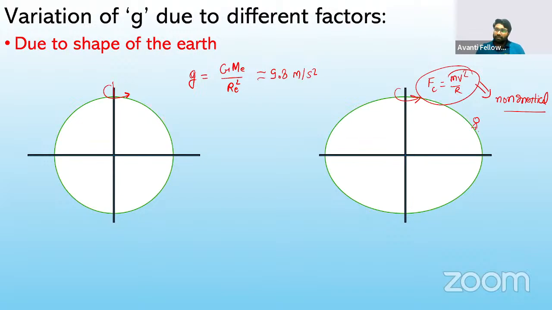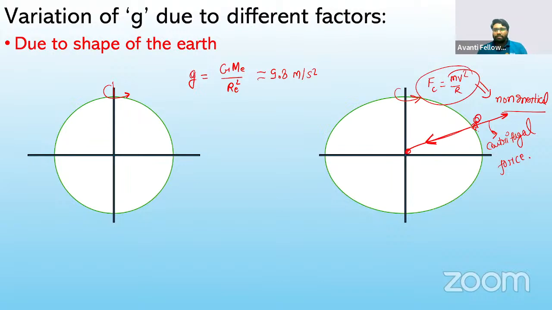So if Newton's laws are not valid, how do we make the calculation? We make Newton's law valid here. How? Just by sitting ourselves in that frame and applying a pseudo force. Since the centripetal force acts towards the center of the earth, this pseudo force will act exactly opposite to this force. And this force is nothing but the centrifugal force.